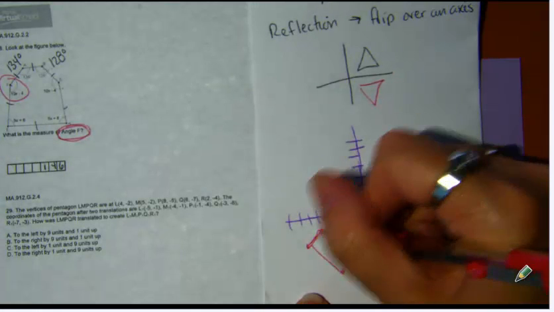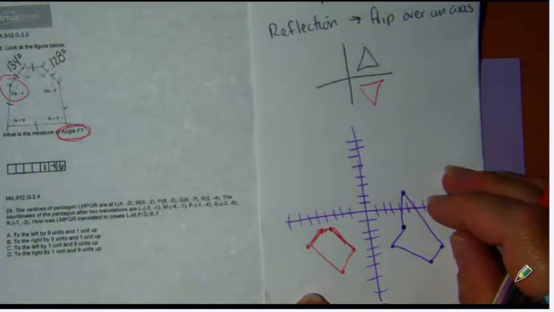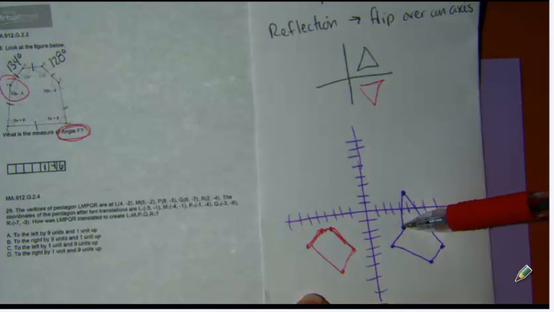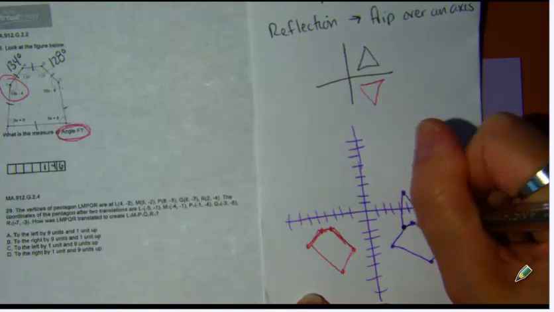That's not the same shape. Hmm. 1, 2, 3, 4. 1, 2. Oh, 5, -2. That's what's wrong. I read that wrong. Sorry, it should be like this. So it is the same shape.